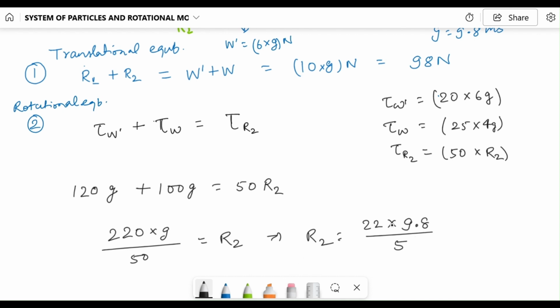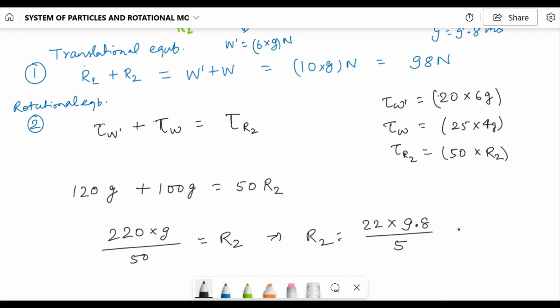So why we are not bothering with units here? Because look, centimeter is here and centimeter is here. So at the end, this unit is not going to appear. Otherwise, we would have taken meters, 0.2 meter, 0.25 meter, 0.5 meter, and such.